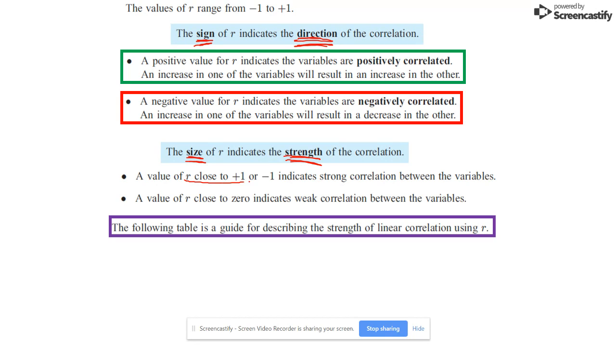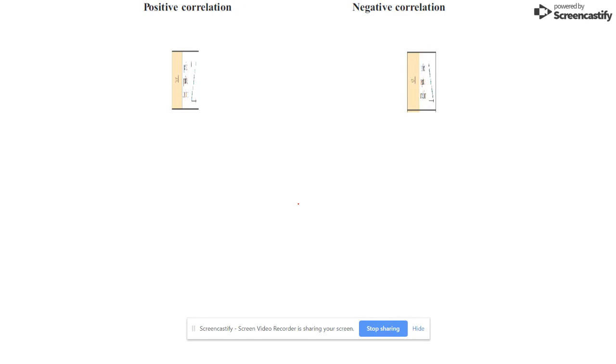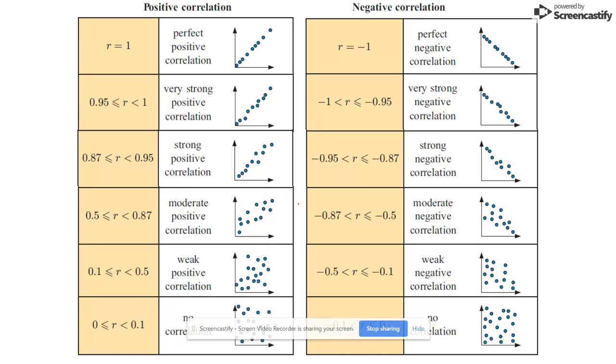If r is close to +1 or -1, that means it's really strong. If the value is close to 0, that indicates a weak correlation. So strong versus weak. You'll see the following table on your paper, and it's just a guideline, not exact. There's nothing saying that if it's 0.87, then you have to say it's a strong positive correlation.